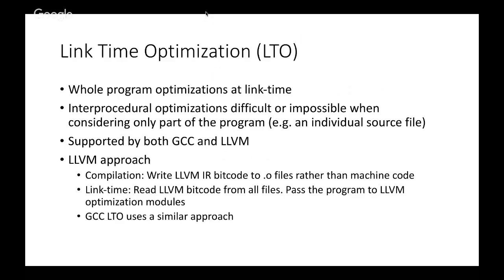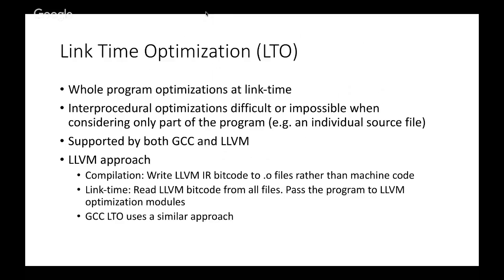This is coming, like I said earlier, out of the LLVM efforts. People are doing it for C and C++, and both GCC and LLVM have LTO capabilities. Now, the LLVM approach and the GCC approach are somewhat similar, but a little different.